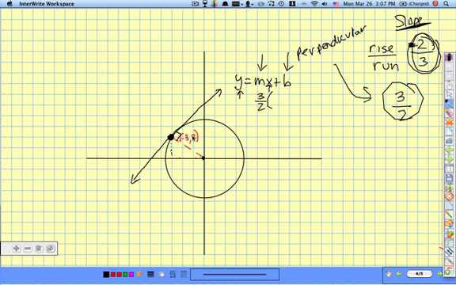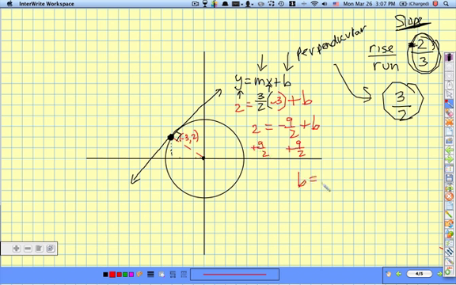So all we have to do is put that coordinate into y equals mx plus b. The y value is 2 equals m is 3/2, and the x value is -3. The b we don't know, so plus b. So let's solve. 2 equals -9/2 plus b. Add 9/2 to both sides.